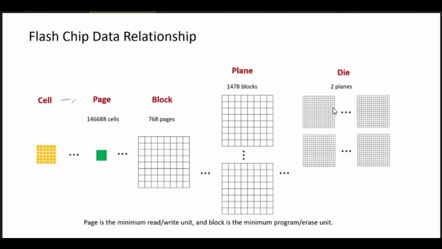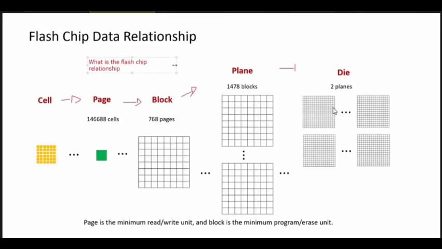So you need to understand cell, page, block, plane, and die. Why? They can actually ask, I have seen this question come out. What is the relationship of the flash chip relationship, right?